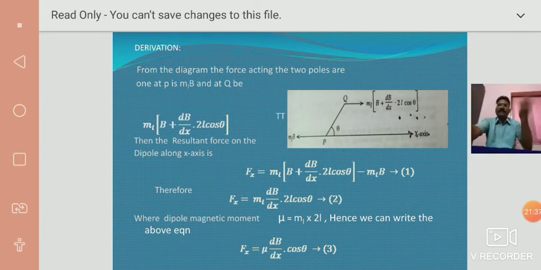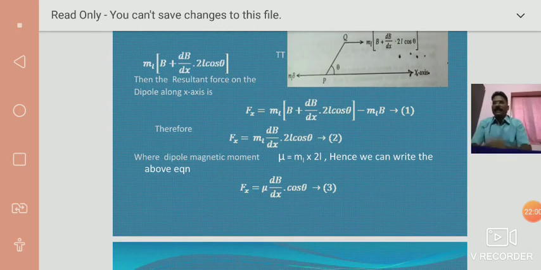The higher value is the force at Q, equation 1. ml into B plus dB by dx 2l cos theta minus the lower force at P, mlB. Here mlB cancels. Therefore Fx is equal to ml dB by dx 2l cos theta, equation number 2.